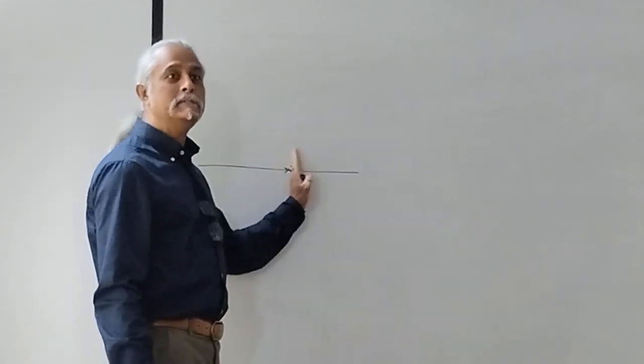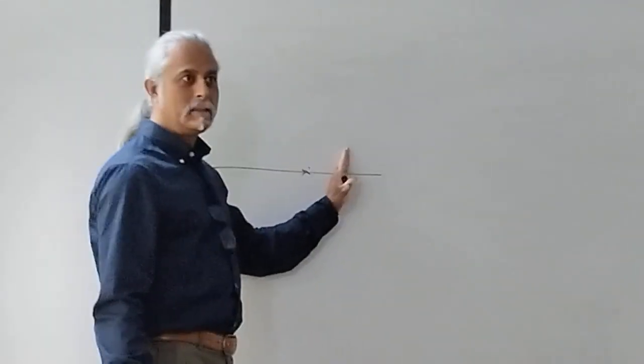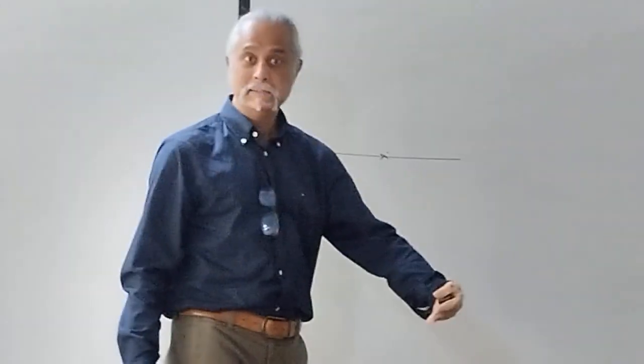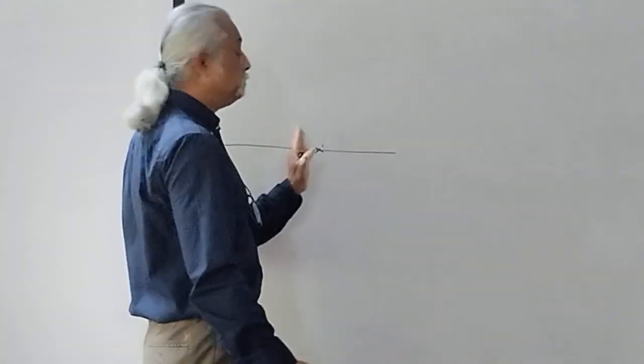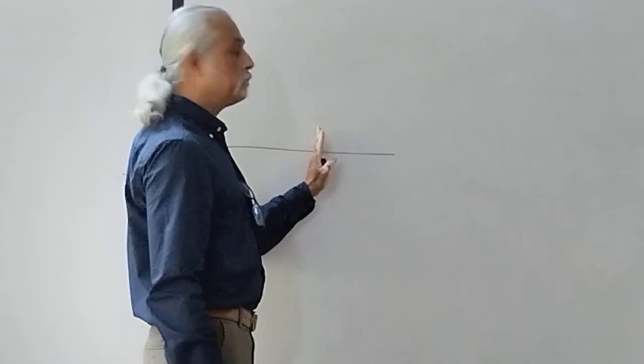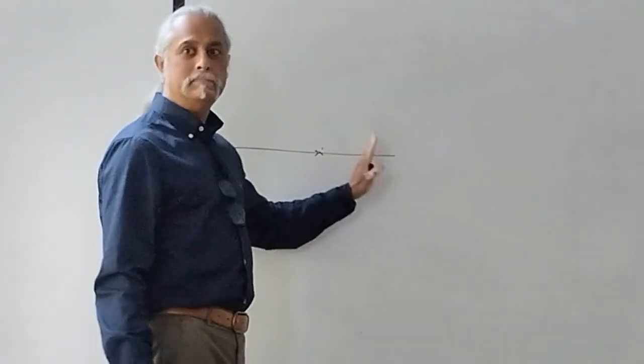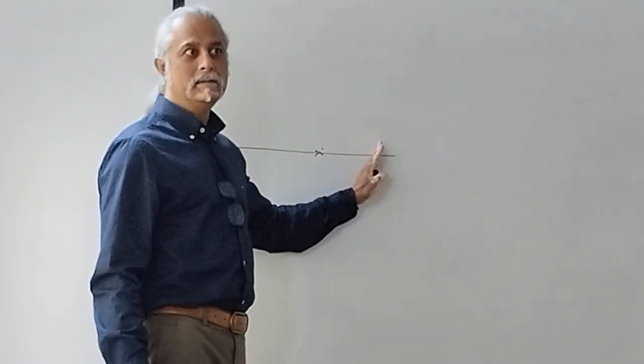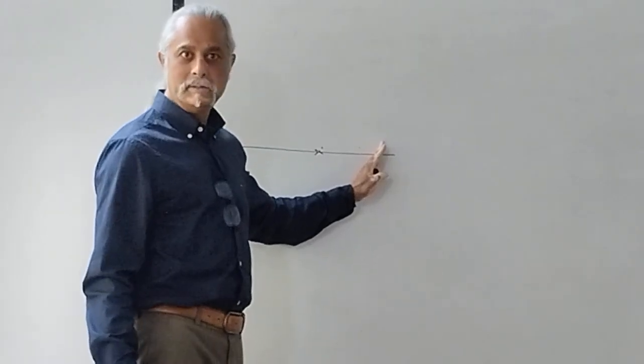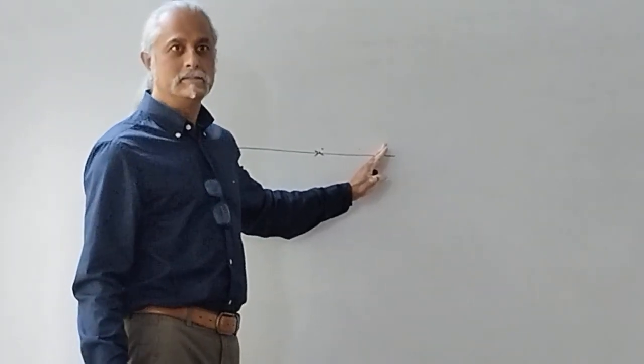Beyond this, you arrive at a new phase. And that means all the physical properties that you are interested to find behave completely differently below this and above that. And we say the system has undergone a phase transition.